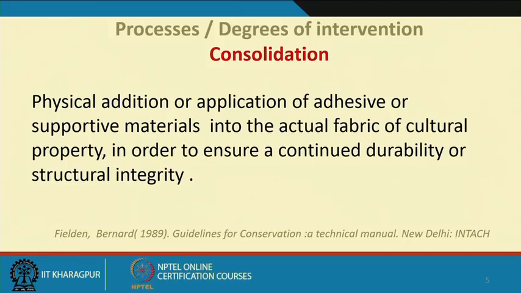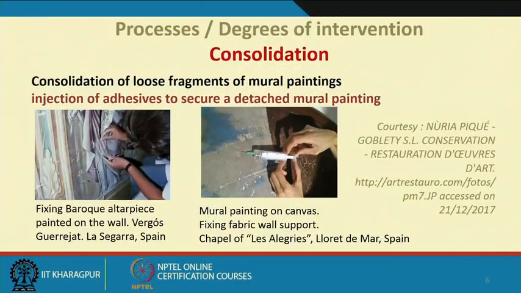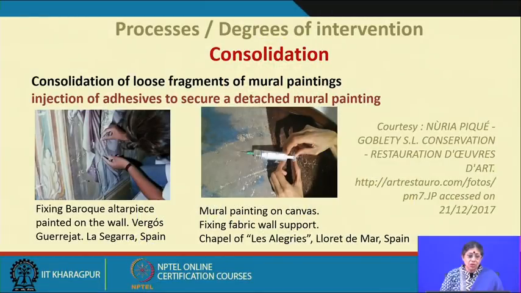Now, what does consolidation actually mean when we are talking about historic structures or historic material? Let us take a look. For example, a mural or wall painting where the plaster or paint layer has become loose and does not have the strength to adhere to the surface, and certain particles have become loose.